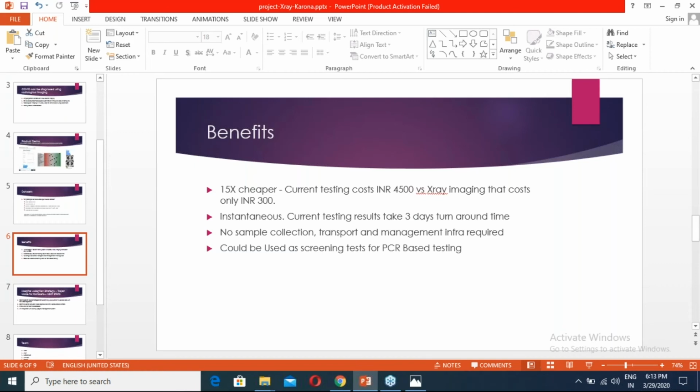We also foresee that a lot more patients will be detected as COVID, and a lot more testing samples will go through, so the turnaround time for PCR based testing is going to increase from 3 days to perhaps 7 or 10 days. There is no need for sample collection, transport and management infrastructure, and this could also be used as a screening test for confirmation of PCR based testing.